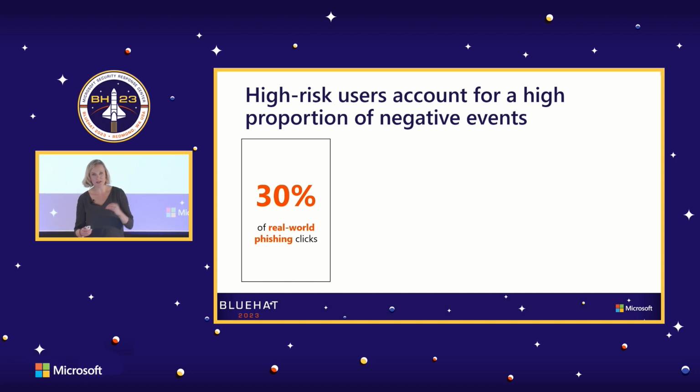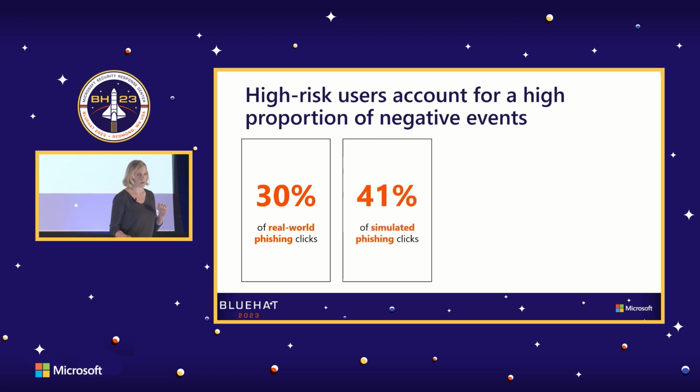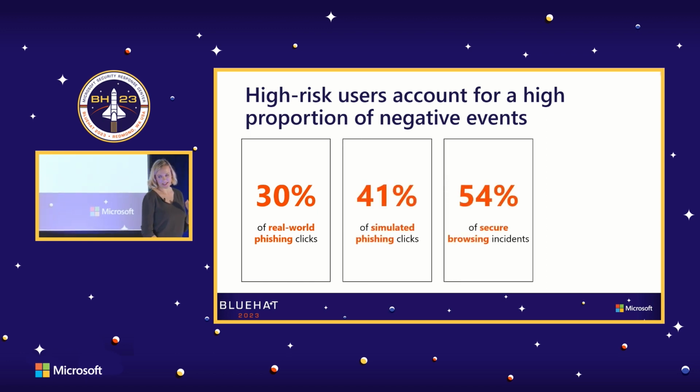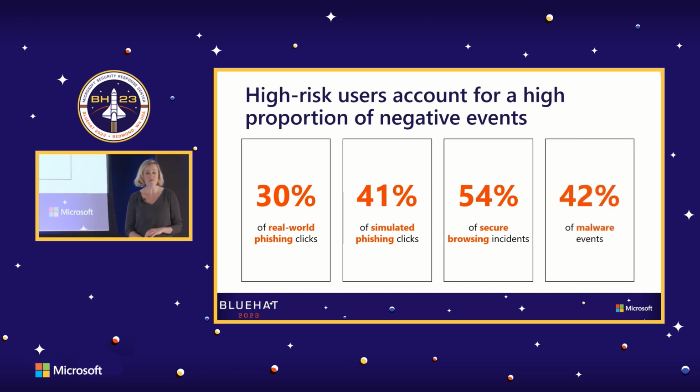And there are these repeat offenders who are making these mistakes again and again. So these high-risk users, this 12% of populations, account for 30% of clicking on real-world phishing attacks, 41% of clicking on simulated phishing attacks, 54% of browsing violation incidents, and 42% of malware events.